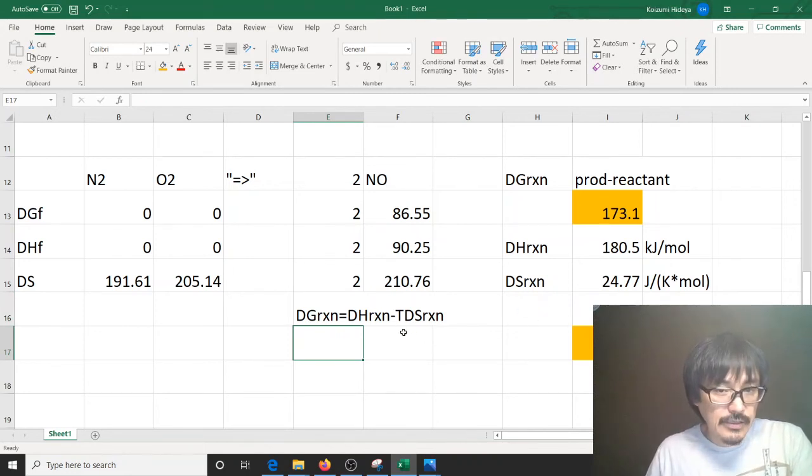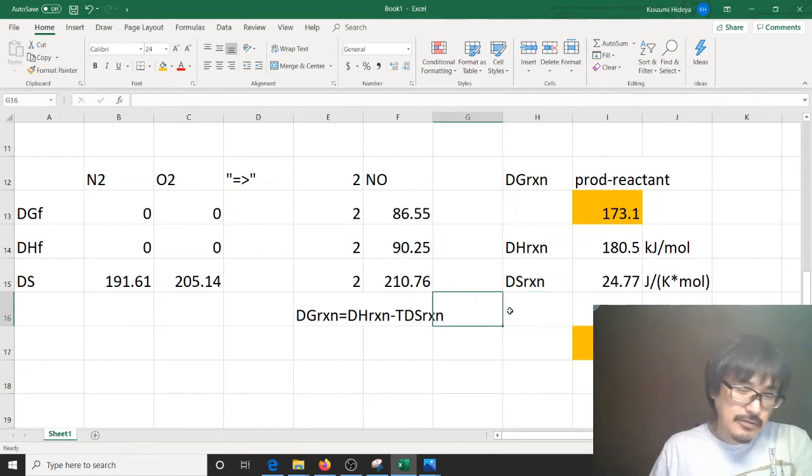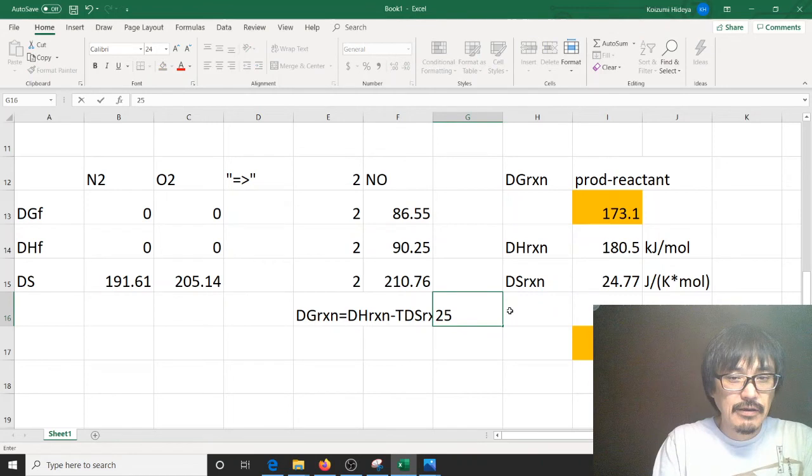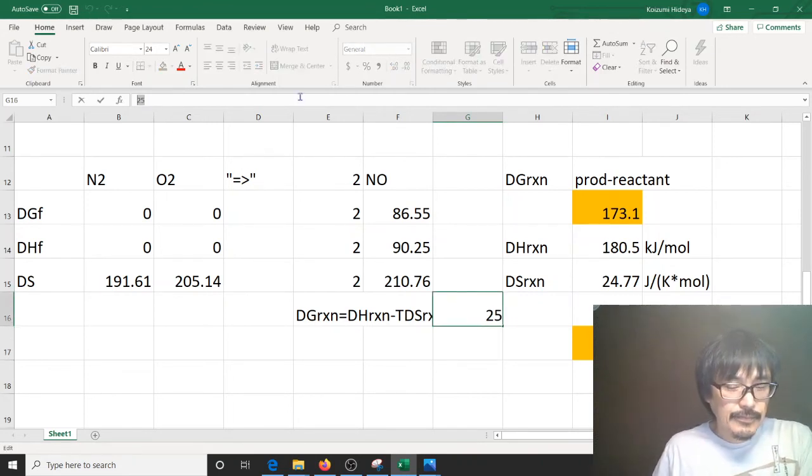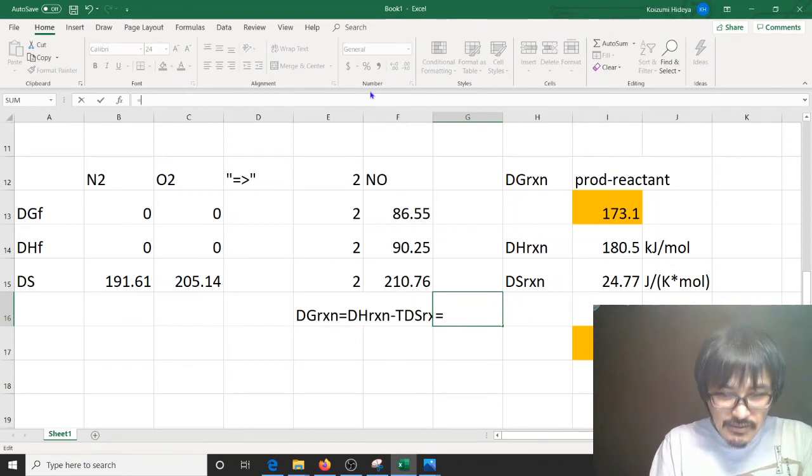So I have to actually multiply by temperature, right? The temperature is 298. Well, it's room temperature, 25 degrees Celsius, right? But you can't just use Celsius. You have to convert it to Kelvin.